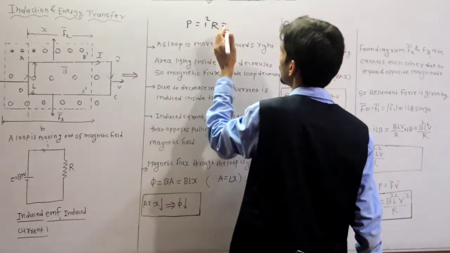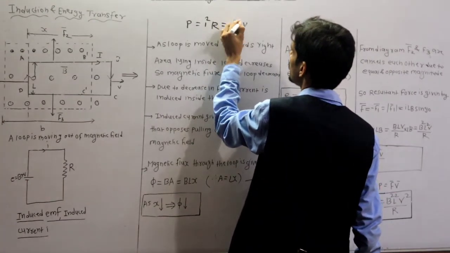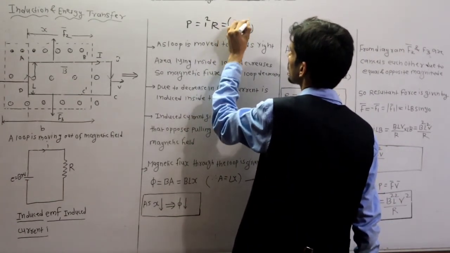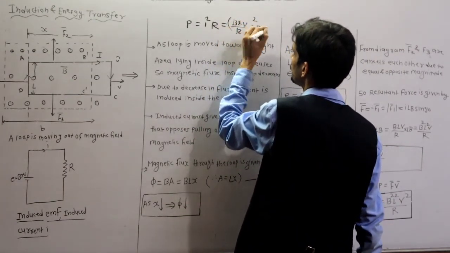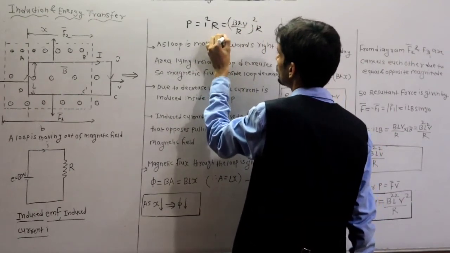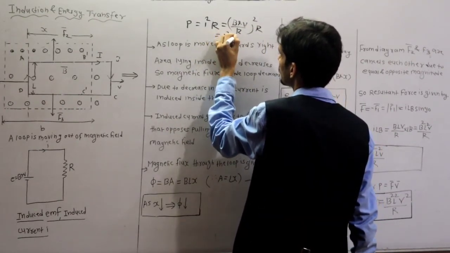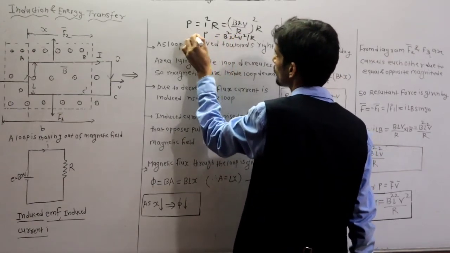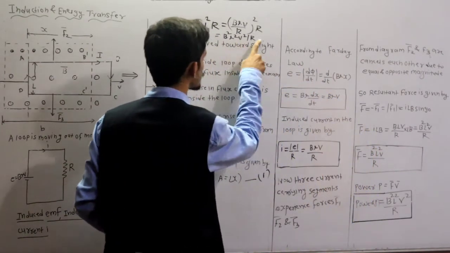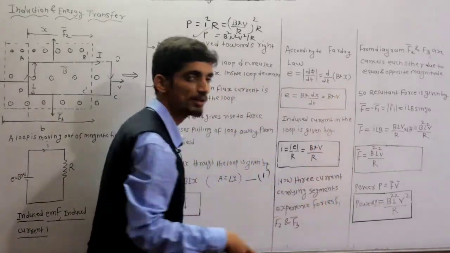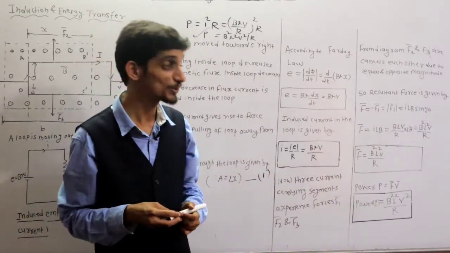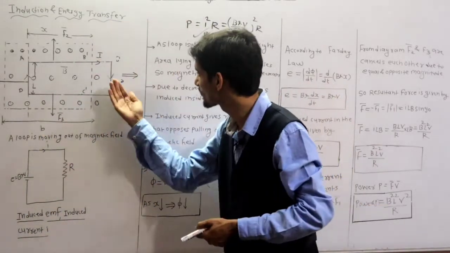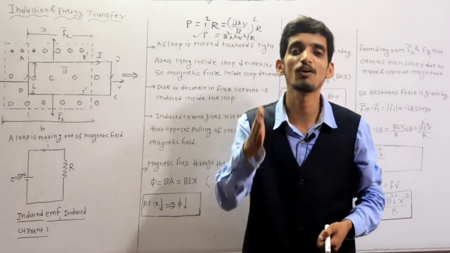BLV by R. Substituting, it is BLV by R whole square into R, which gives B square L square V square upon R. Same formula, no? B square L square V square by R. Clear?